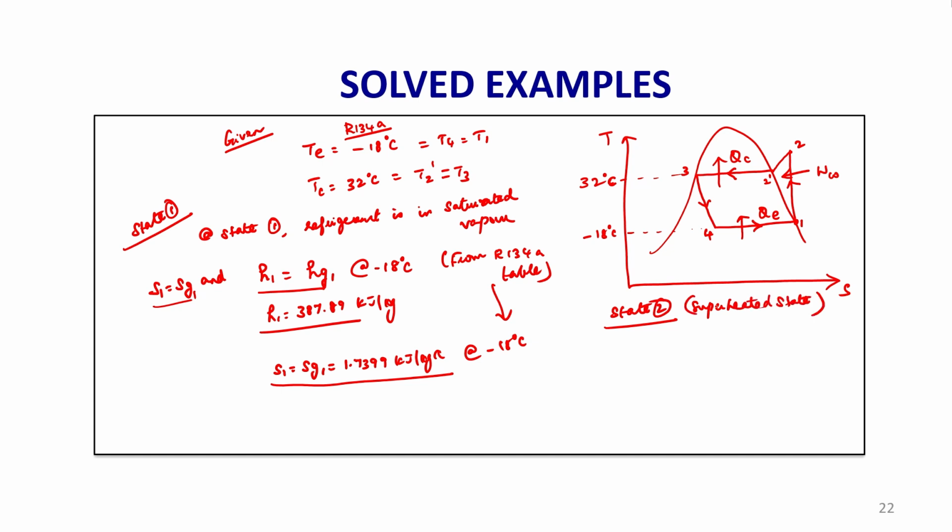I cannot take the enthalpy value directly from the table because those property values are for saturated liquid and vapor, not for superheated condition. But I can find out the enthalpy at 2 dash, because 2 dash is lying on the saturated vapor corresponding to condenser temperature of 32. 1 is also lying on saturated vapor, but at 1 the temperature is minus 18, at 2 dash the temperature is 32. Of course, 2 is lying in the superheated region.